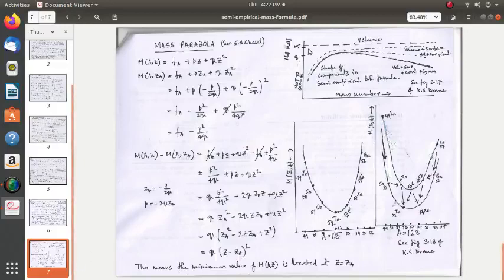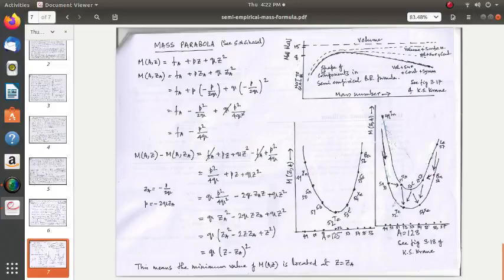So here there is another plot, it's again from the book of Krane. It's a beautiful book and very well written. So there are these various components, volume energy, and then when you add the surface term, then it bends like this. When you add the Coulomb term and symmetry term, then it bends like this.